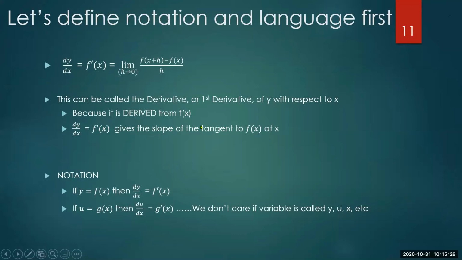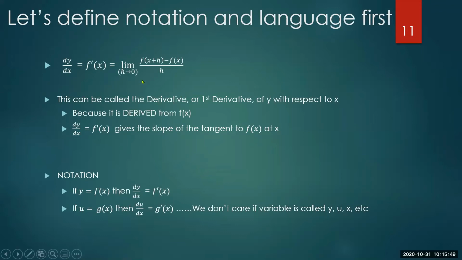Before we move on, let's talk about notation and language, because this topic of differentiation does introduce new notation. So we're saying the slope of f of x can be called dy dx. It can also be called f dash of x.